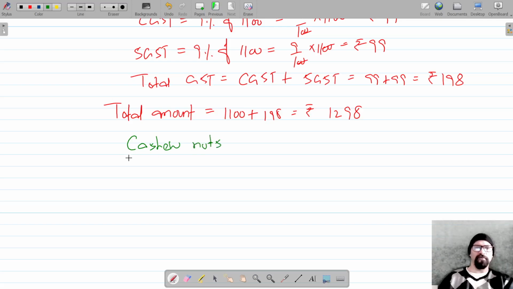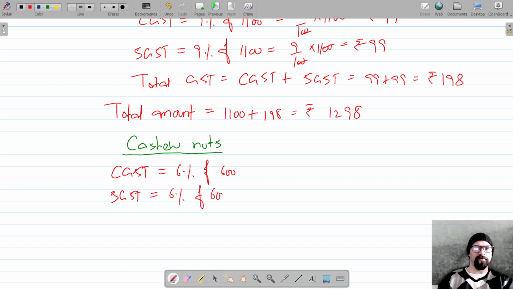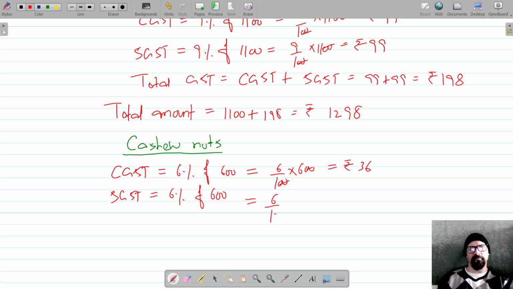Okay, now let's consider the second item, which is the cashew nuts. Now let's find out CGST. It's half, that is 6% of 600, and SGST is also 6% of 600. So that is 6 by 100 into 600, which is equal to rupees 36. This is also 6 by 100 into 600, which is equal to rupees 36.